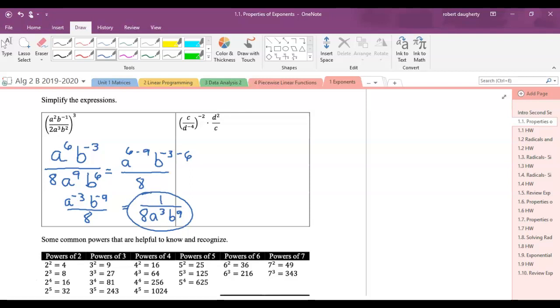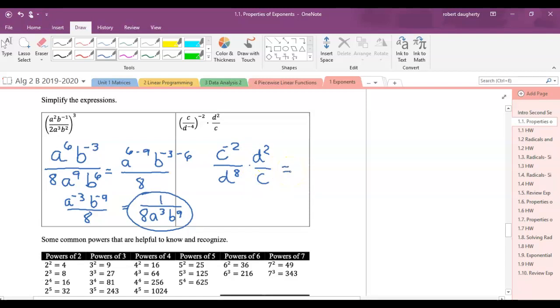So when I simplify, this is going to be c to what power? Negative 2 over, yeah, what do you do with these exponents? What is negative 4 times negative 2? Positive 8. Okay, so I've got c to the negative 2 over d to the 8th times d squared over c.